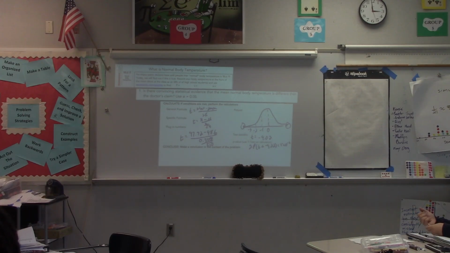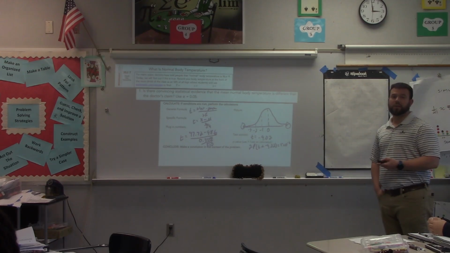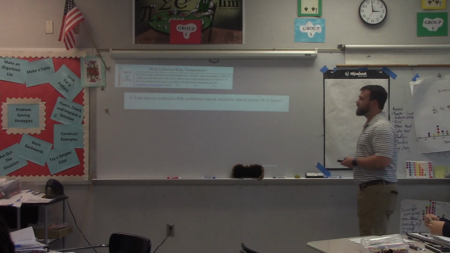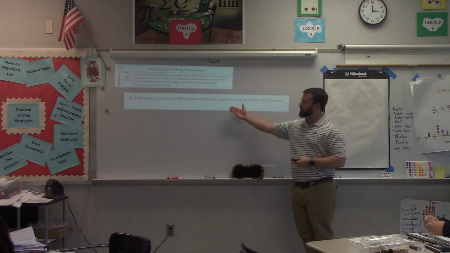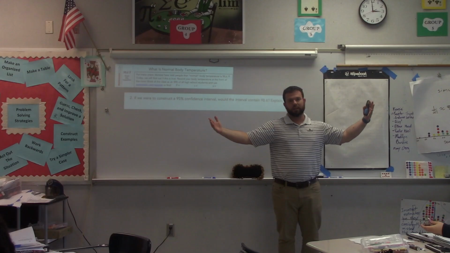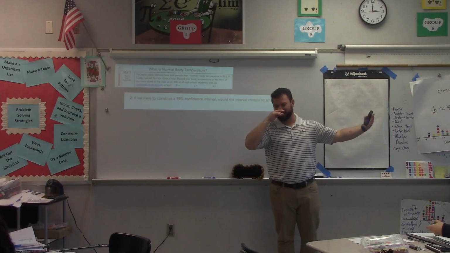We rejected the null hypothesis that mu is 98.6, so should that be inside of our interval? No, right? And that's what we want to recognize: the confidence interval especially should tell the same exact story as a two-tail hypothesis test.